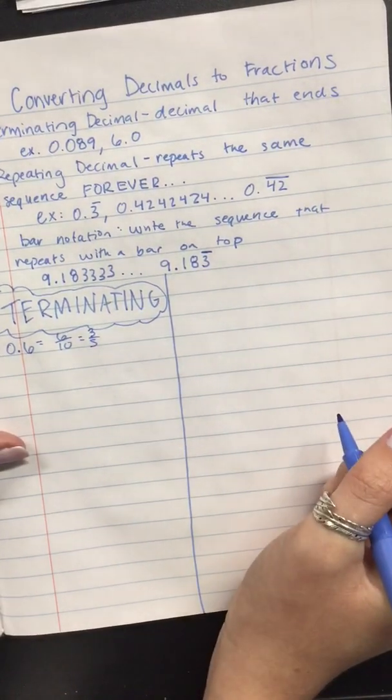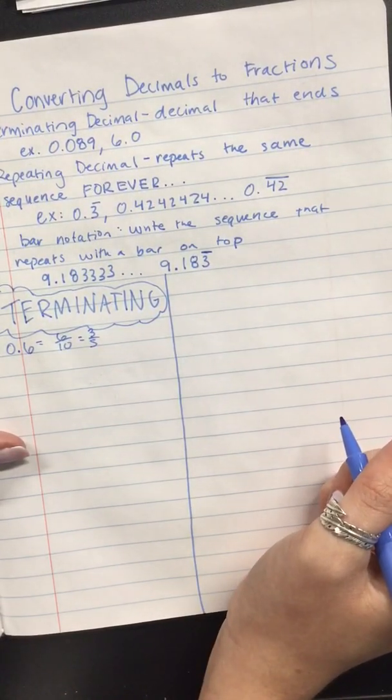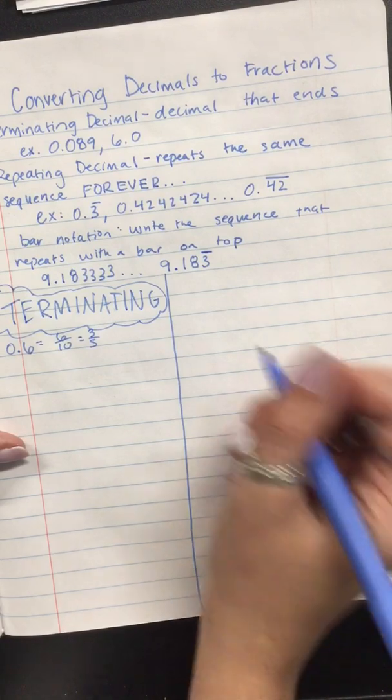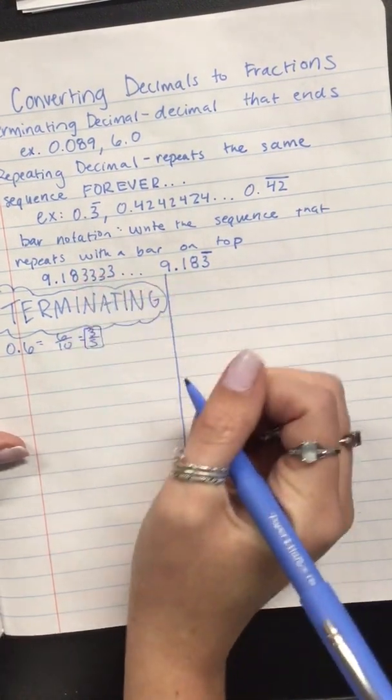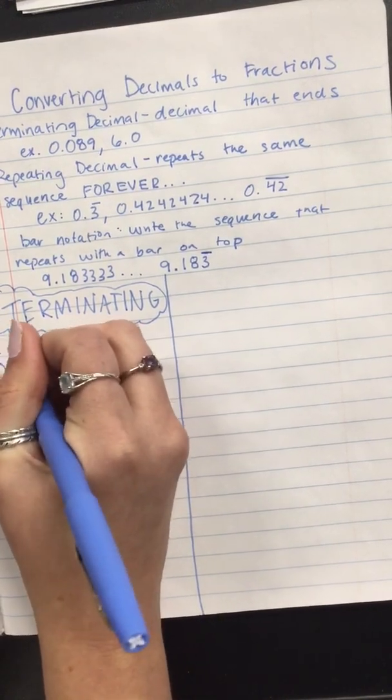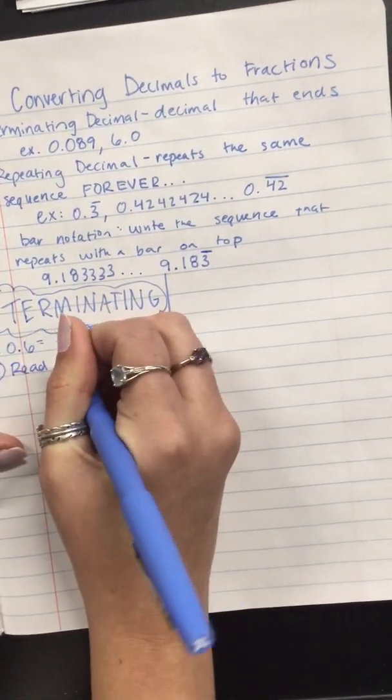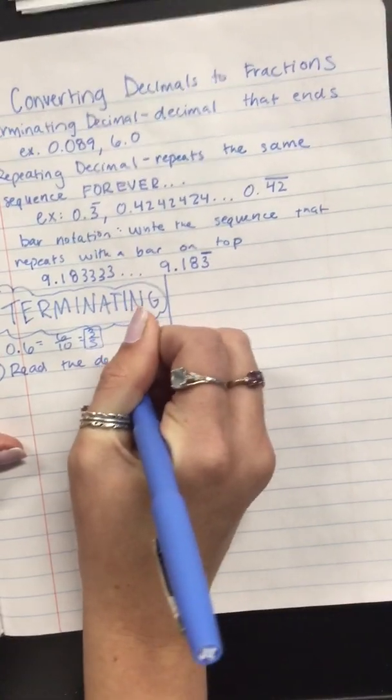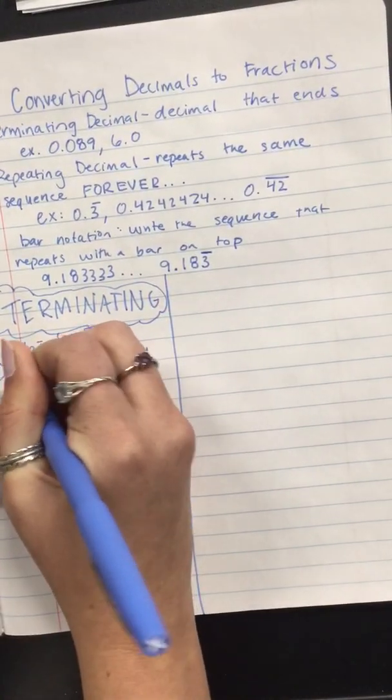Again, I simplify it because both of them can be divided by 2. And so 6 divided by 2 is 3. 10 divided by 2 is 5. That's my answer there. So the steps were, number 1, read the decimal correctly.